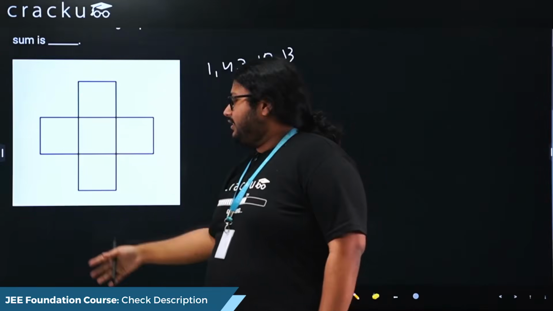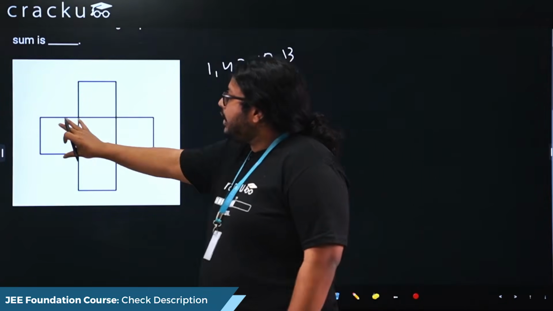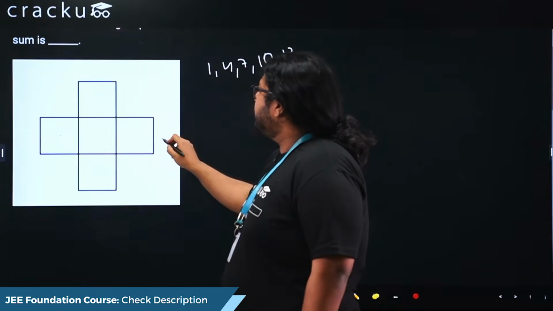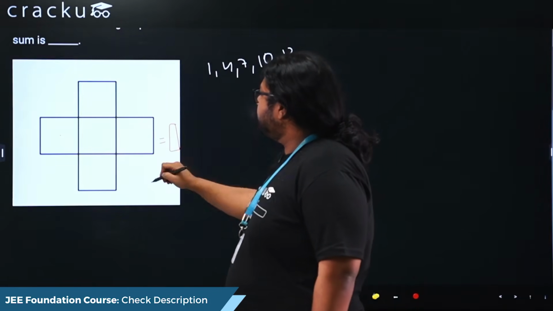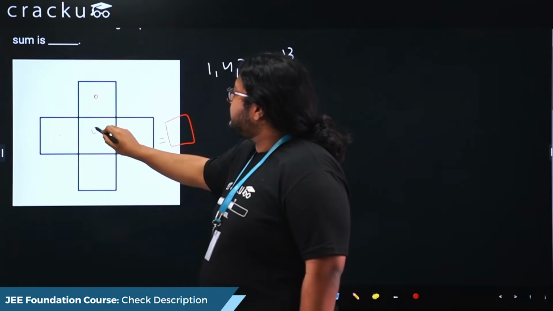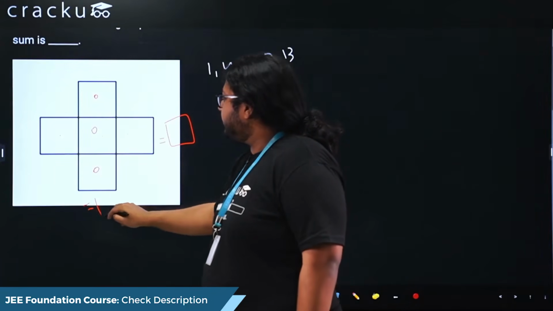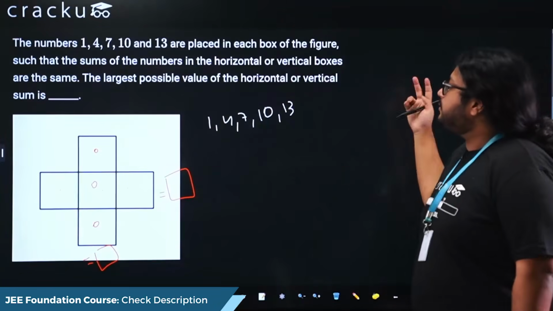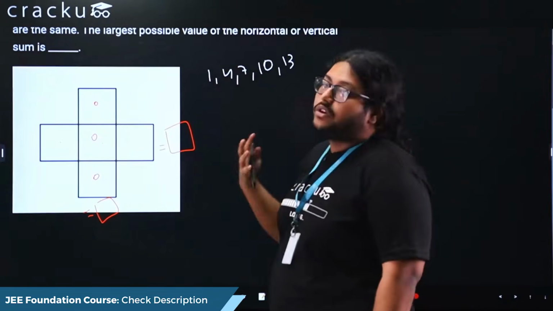They are placed here. We are told that the horizontal sum, as in this number plus this number plus this number, is the horizontal sum. And this number plus this number plus this number will give me the vertical sum. They want us to figure out the largest possible value of horizontal or vertical.